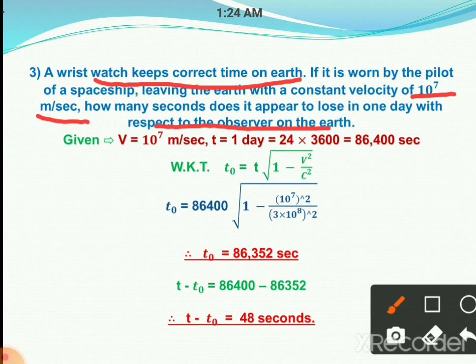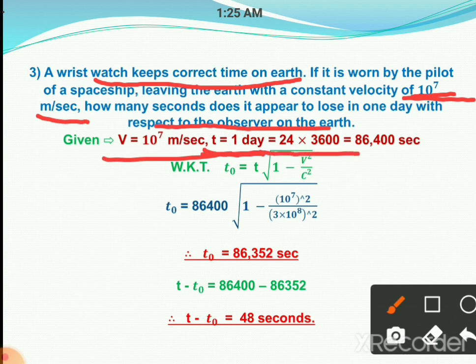T will be the relativistic time. First, write the given data. In this problem, they gave the velocity 10 power 7 meter per second. The time is 1 day. Therefore, t is equal to 1 day.